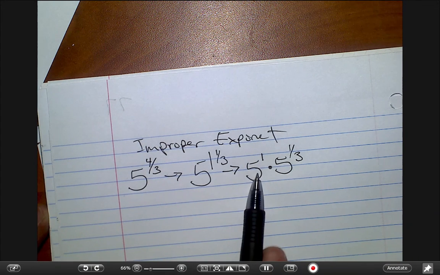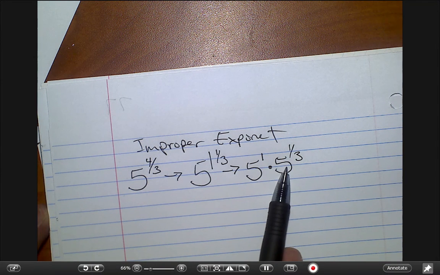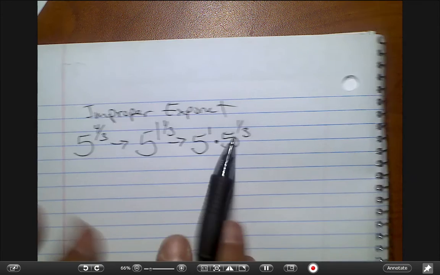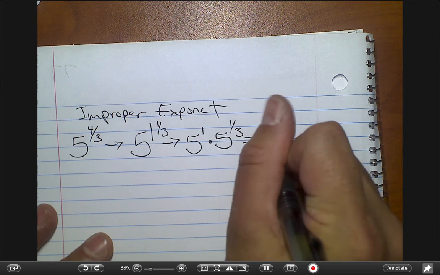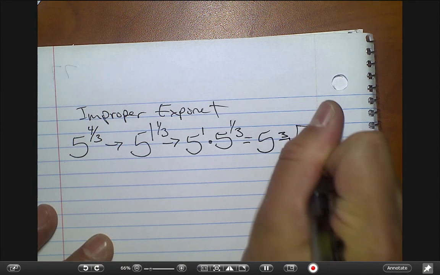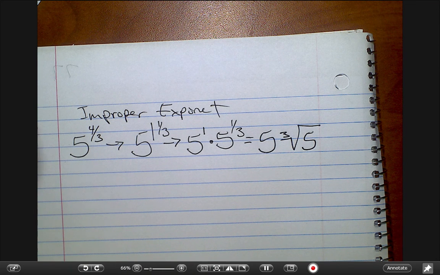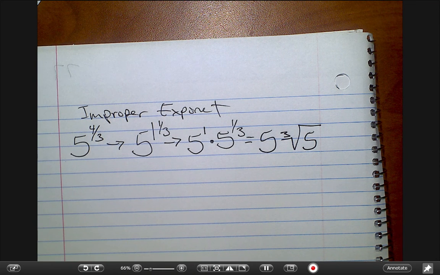So 5 to the 1 is just 5, right? So what is going to be inside my radical? Just this 5 right here. So my answer for this one would be 5 cube root of 5. And I was able to do this because I had an improper exponent.